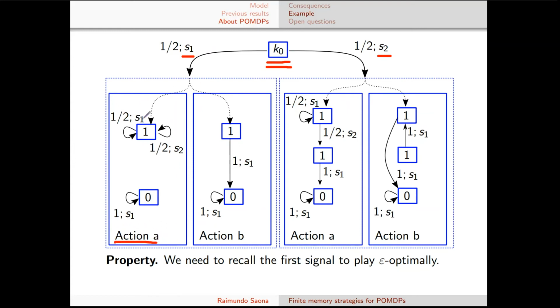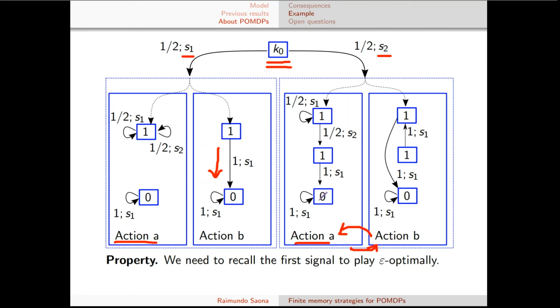Moreover, playing action B once leads to an irreversible move of the state, and the reward will be 0 forever. If the state moves to the second subgame, the optimal strategy is to play action A until getting signal S2, play action B once, and restart the cycle. Again, deviating from this optimal strategy results in an irreversible movement of the state, and the reward will be 0 forever.